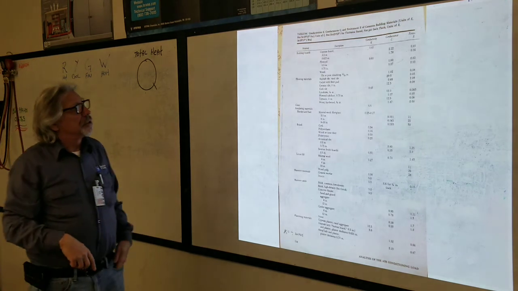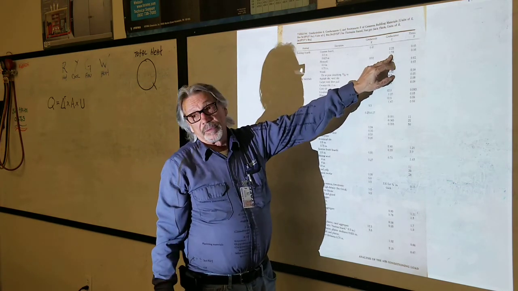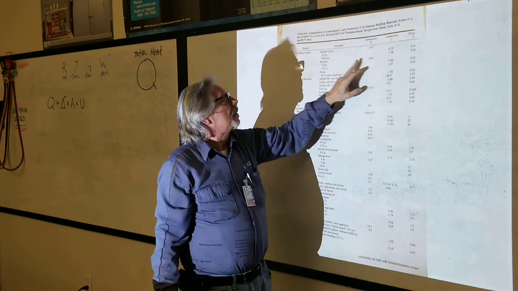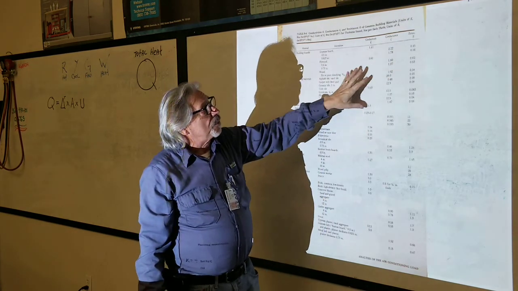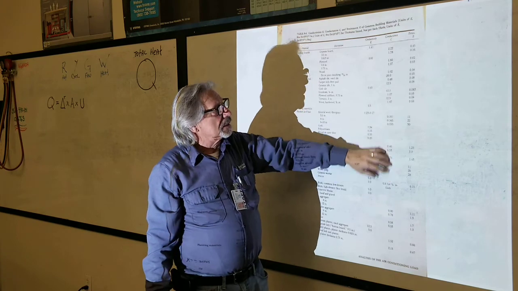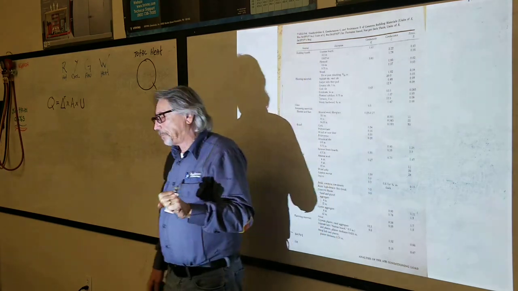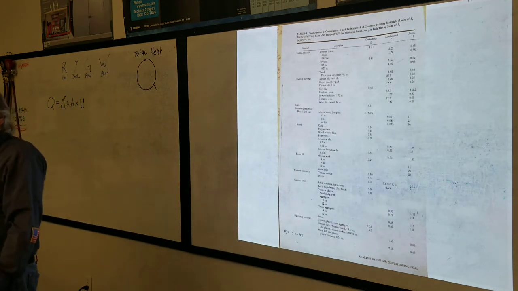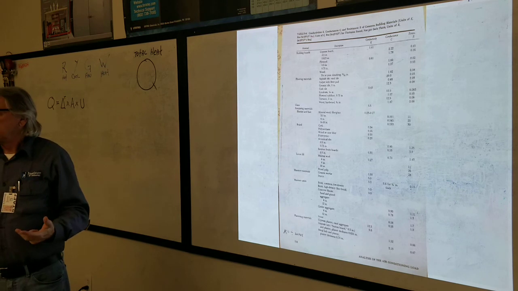If it's 5/8, that's your number right there, 1.78. If it's half inch, it's 2.22. So we'll get used to using these numbers. On this column here is the R value. So we've got K, C, and R now that we have to deal with.